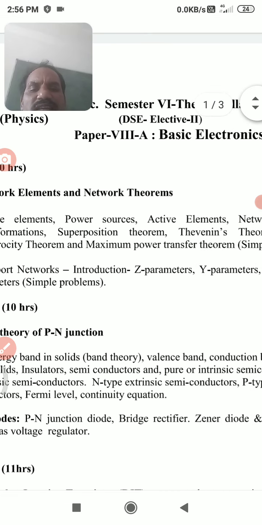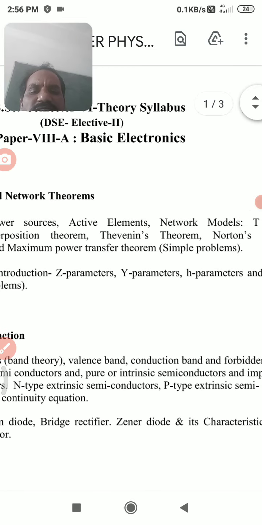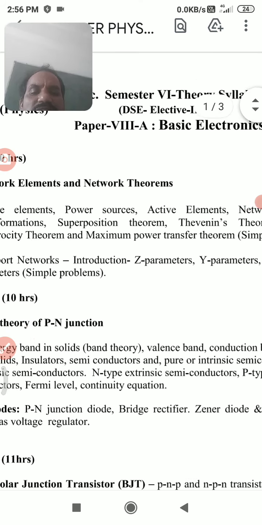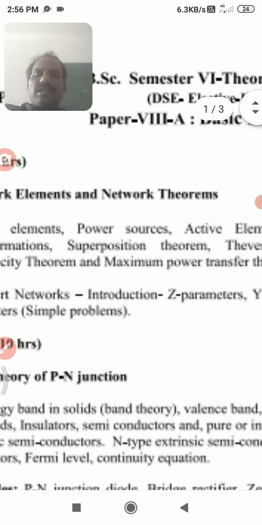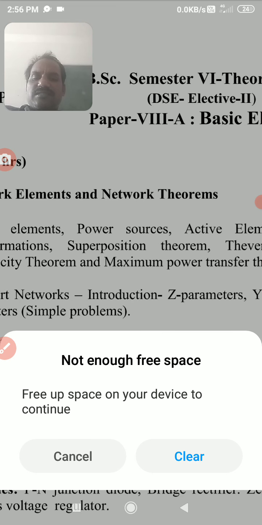The network theory will explain the different types of theorems, that is Norton theorem, proportionality theorem, maximum power transmission theorem and Thevenin's theorem. The theorems are used to connect circuits and develop new circuits, and the circuit's working principles can also be explained with the help of these network theorems and elements.